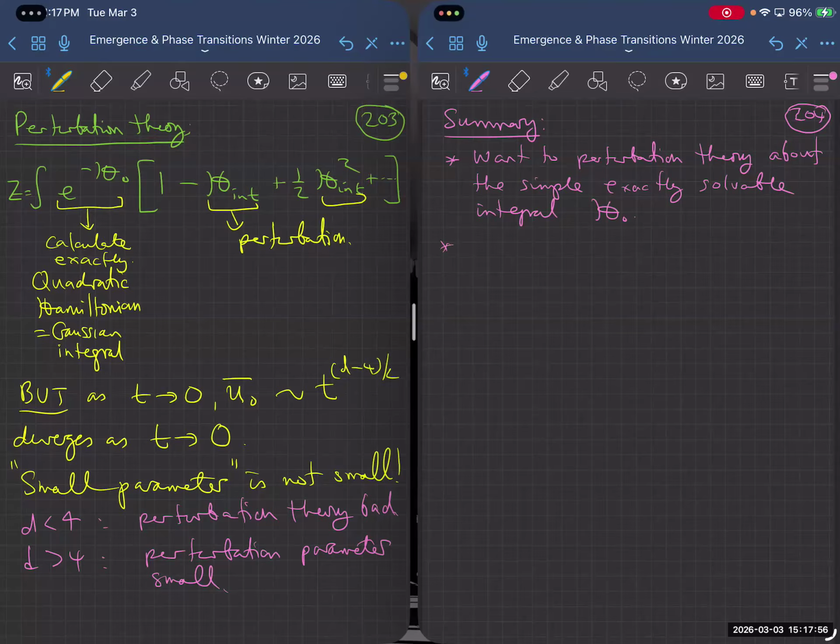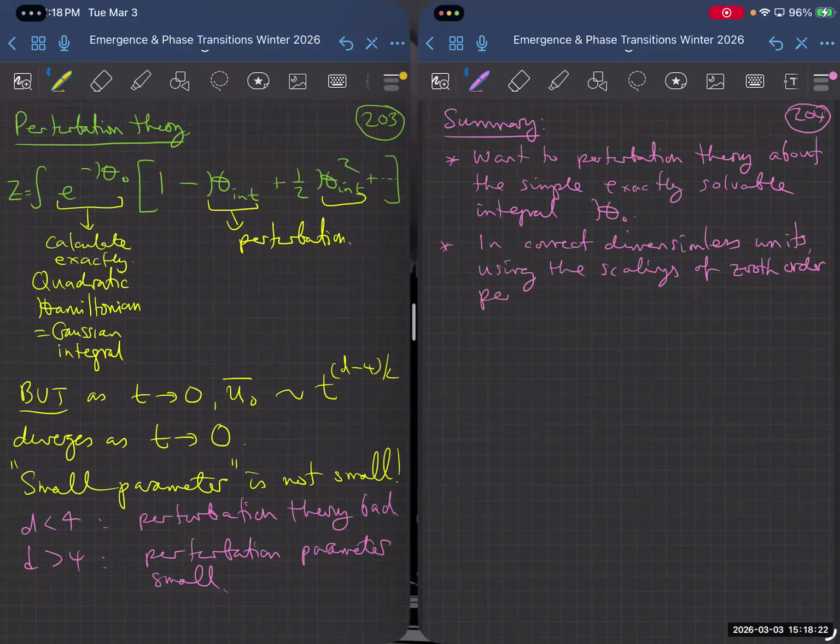That's what we want to do. But in the correct dimensionless units, where we are using the scalings of the zeroth order perturbation theory, the interaction terms are large as the temperature tends to the critical point.